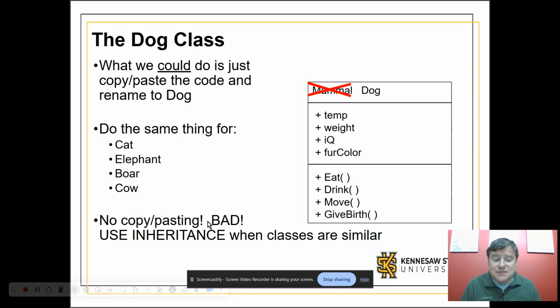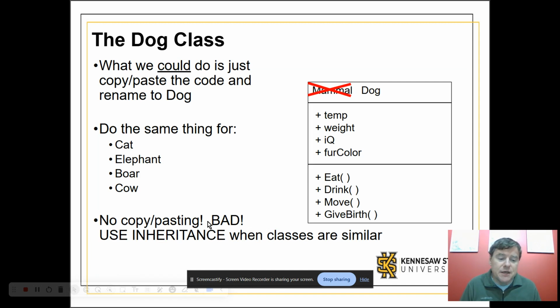The problem is, let's imagine you change how eat works. And somehow now there's extra stuff that you have to do for eat. So you go and you change it in mammal, but then the dog still doesn't do the new eat. The dog is going to do the old eat, which is the unmodified version.